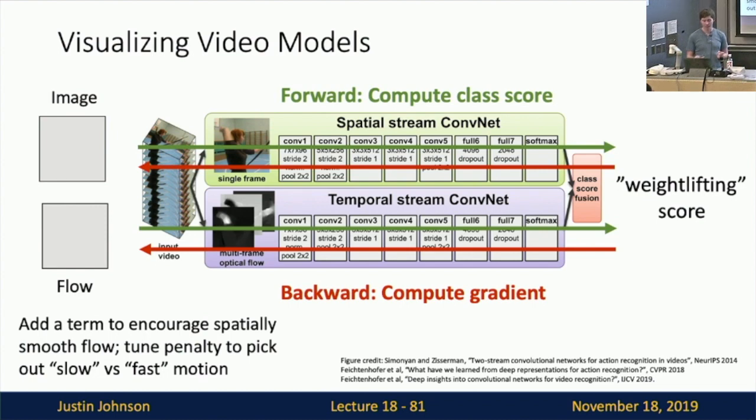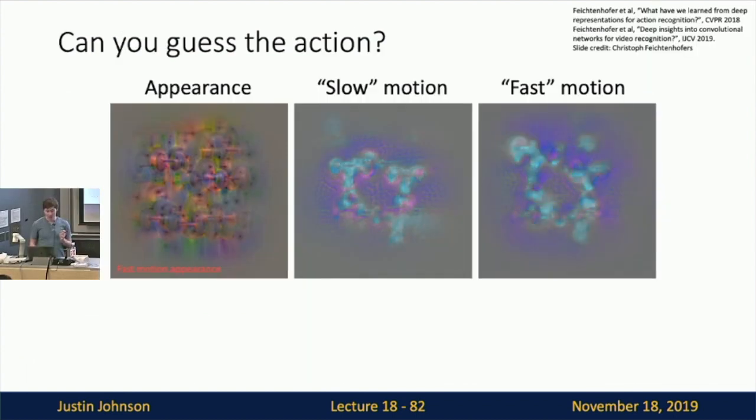We can randomly initialize an input image and randomly initialize a flow field, and then compute forward passes through the trained network to compute the classification score, and then backpropagate through the network to compute the gradient of the score with respect to the input image and with respect to the flow field. Then we can use gradient ascent to find the image and the flow field that maximize the classification score for the particular category. So then, what does this look like?